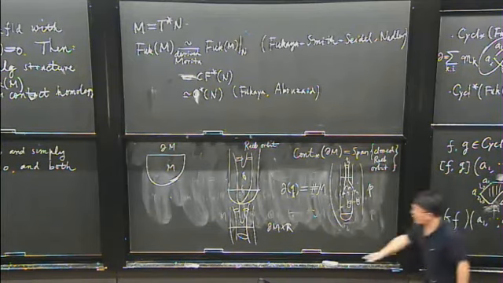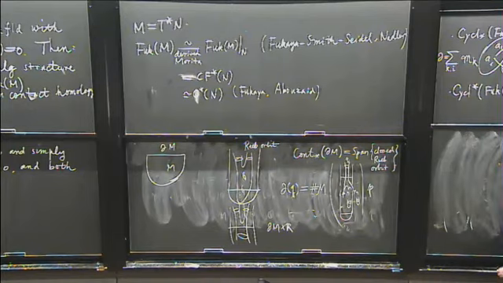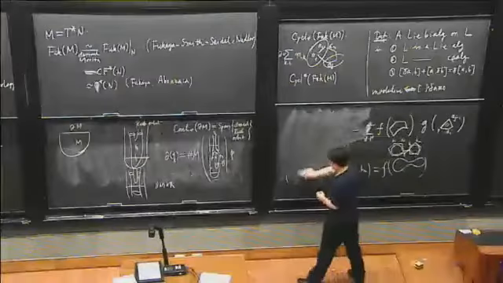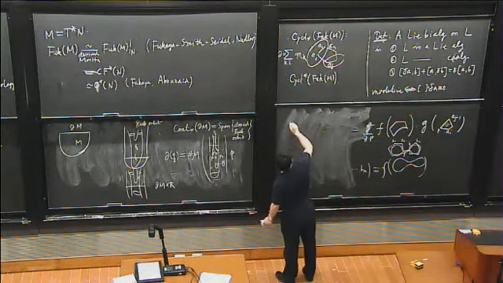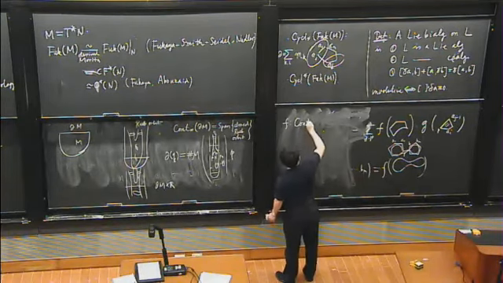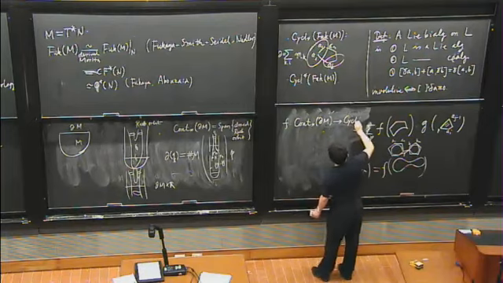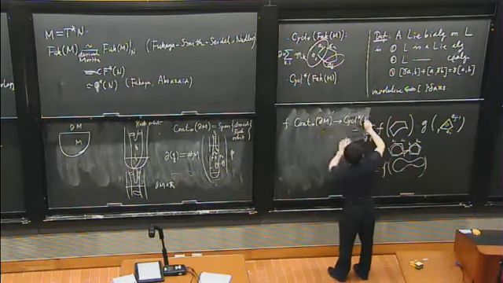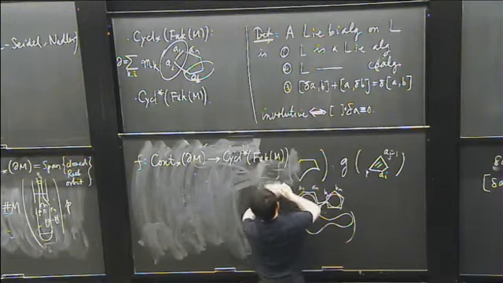Then the map from contact homology to cyclic homology is given by the following.